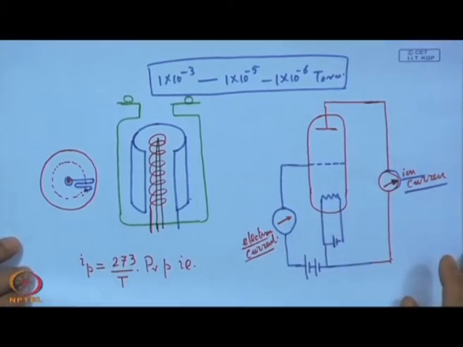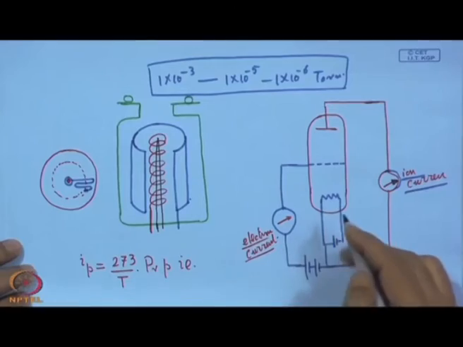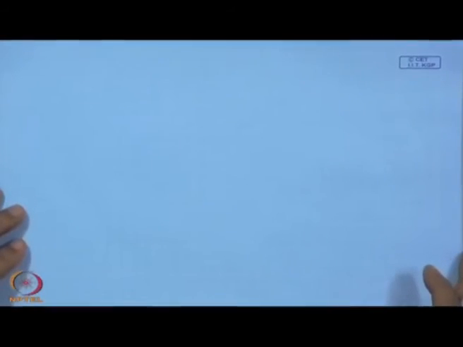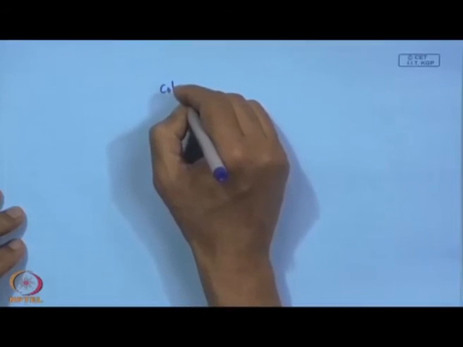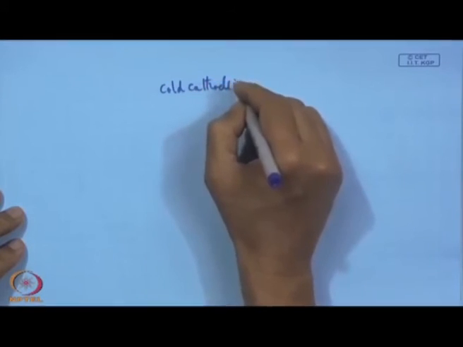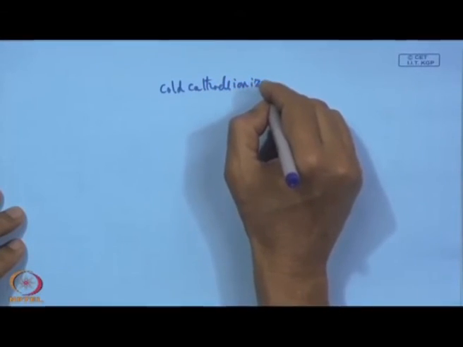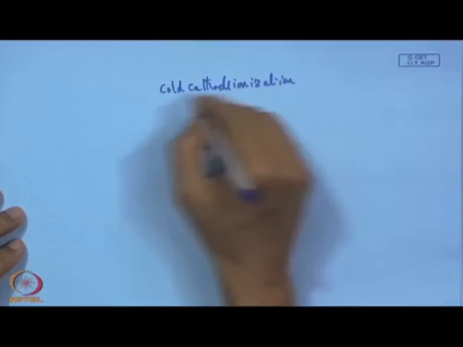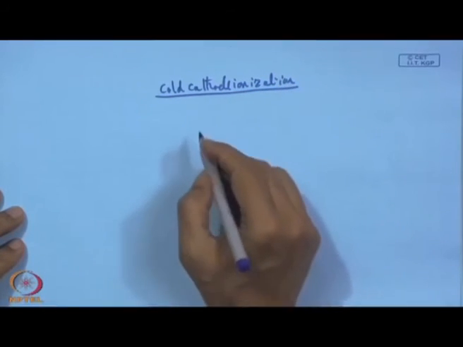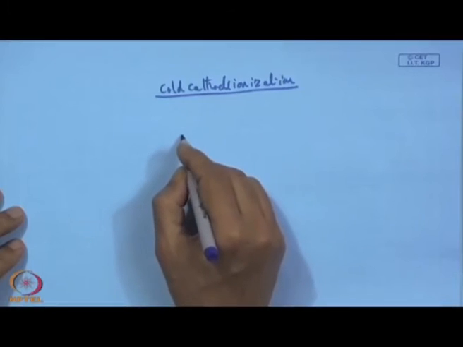In this cold cathode ionization gauge, we do not have any heater, but there is one cathode plate in fact. So, this is the hot cathode ionization gauge, but now we have cold cathode ionization. With this cold cathode ionization, we have in fact two plates.